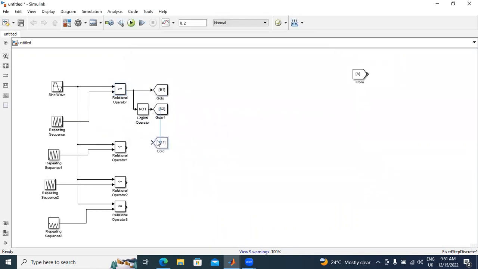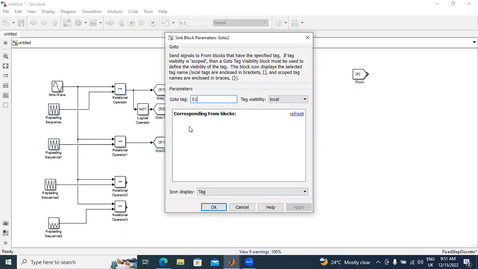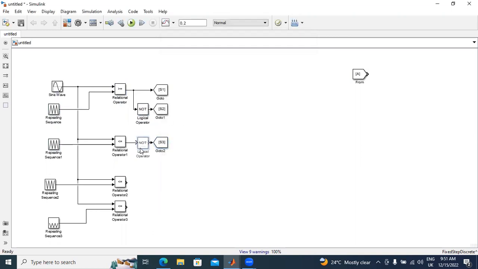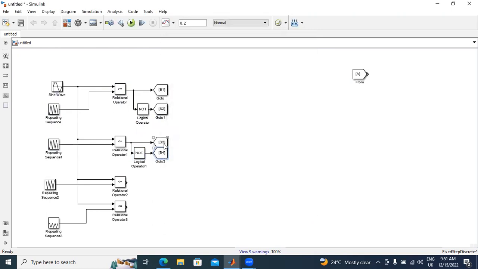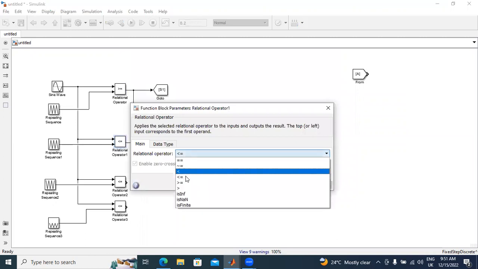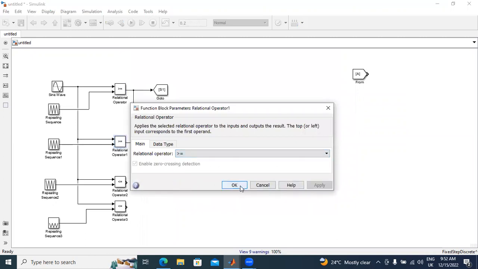Next, this switch is S3. This switch is S3. Now this switch is S4. This switch is S4. We will also apply this greater than or equal.